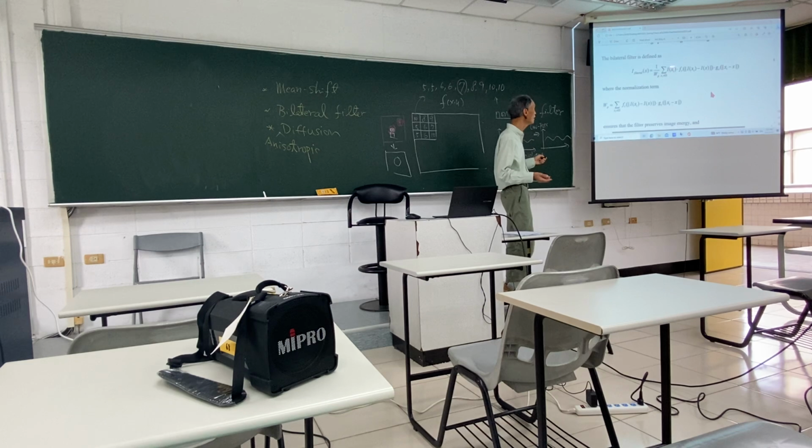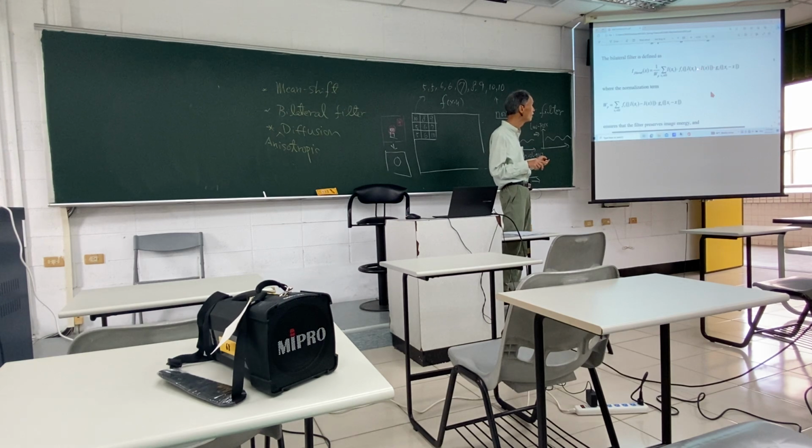So anyway, you can think of the bilateral filter as nothing but a weighted average, and the weight is determined by these two functions, f_r and g_s. And what does it depend on? See that? The difference of the color, or the difference of the intensity.